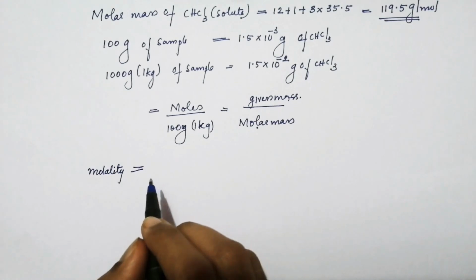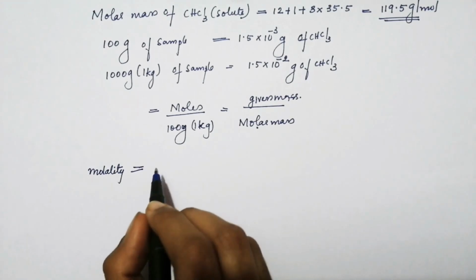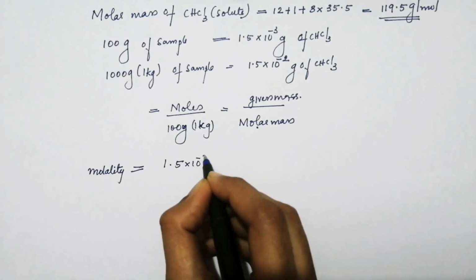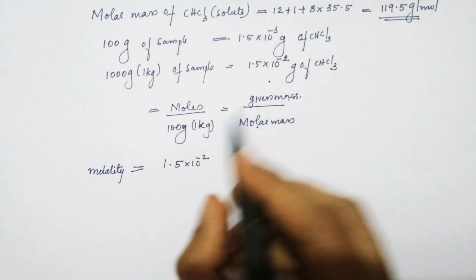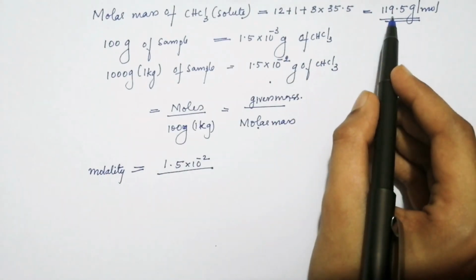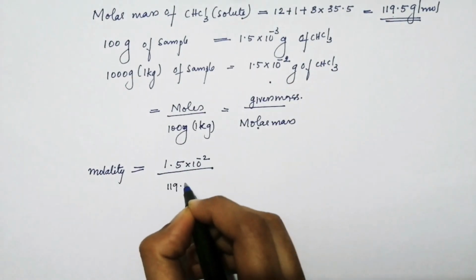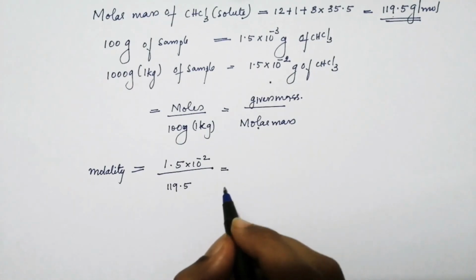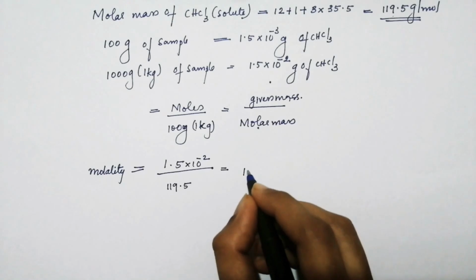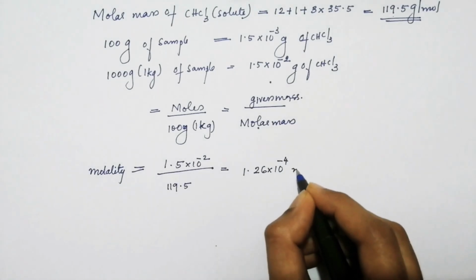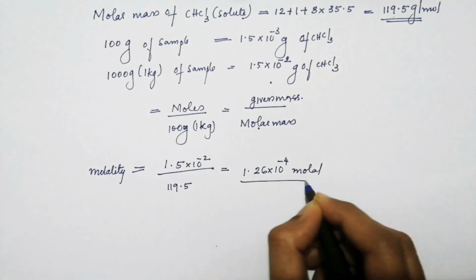We have the amount of chloroform in 1000 gram of the sample as 1.5 into 10 power minus 2, which we have calculated, divided by the molar mass of chloroform, which we have again calculated as 119.5 gram per mole. So we get the final answer to be 1.26 into 10 power minus 4 molal.